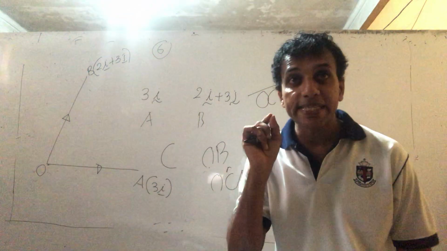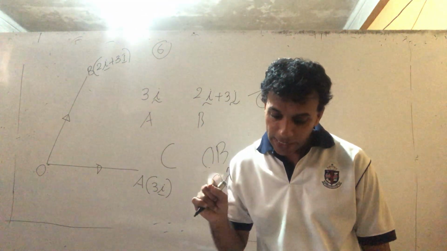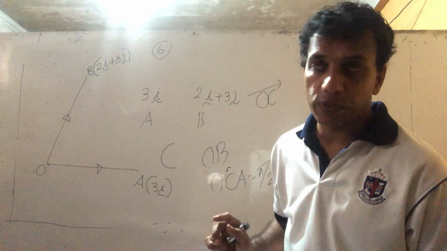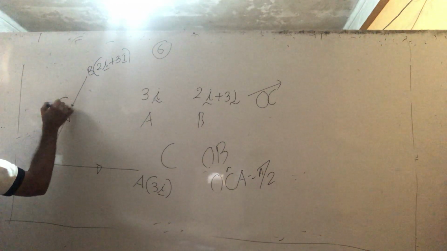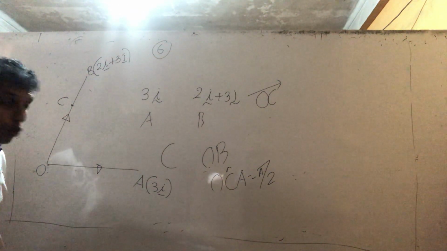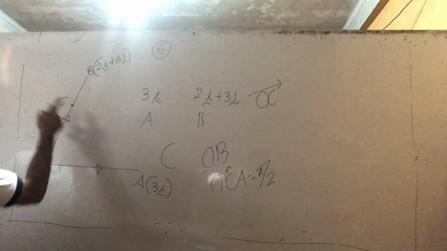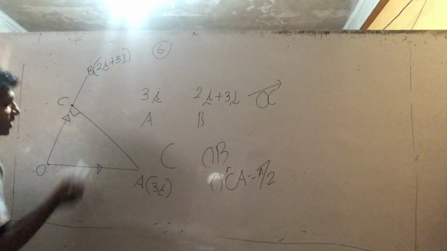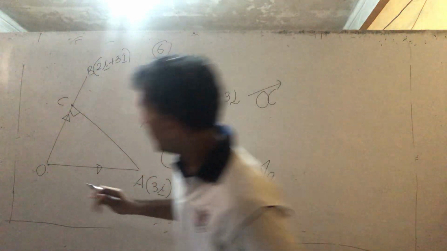And they say there's a point C, where C lies on the straight line OB. So you can mark C somewhere here, on the straight line OB, and angle OCA is 90 degrees.